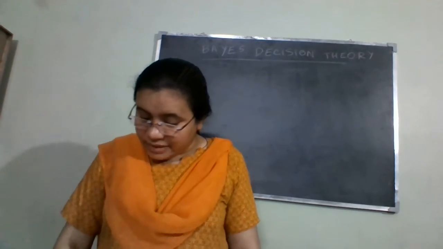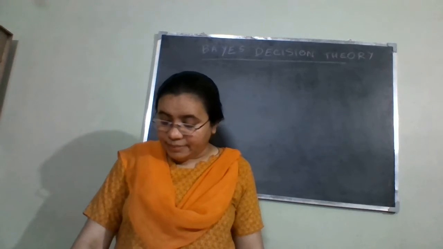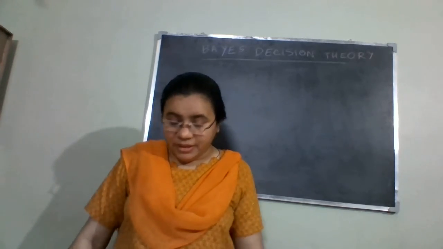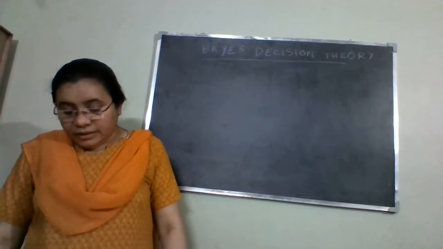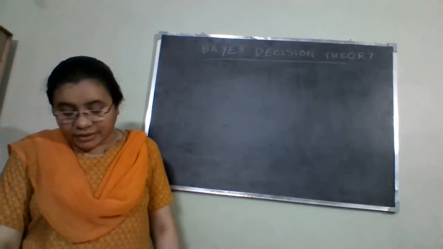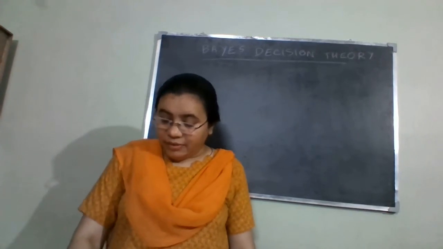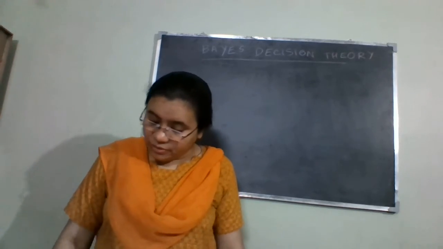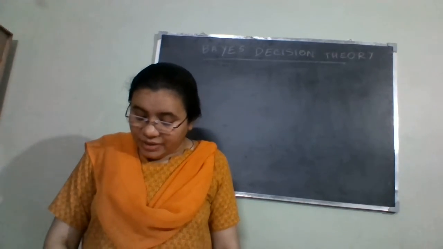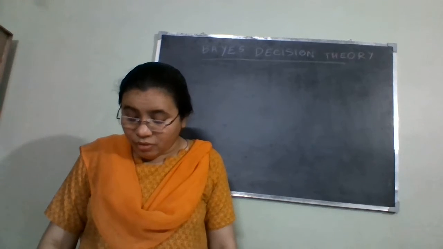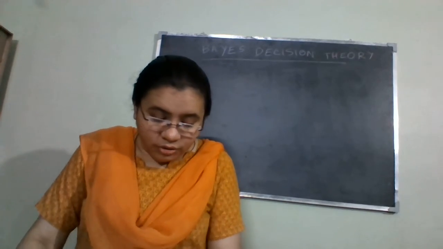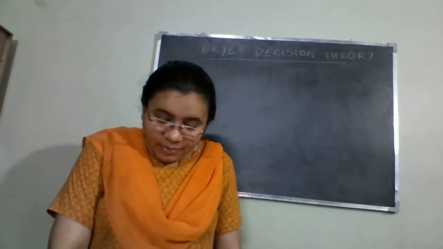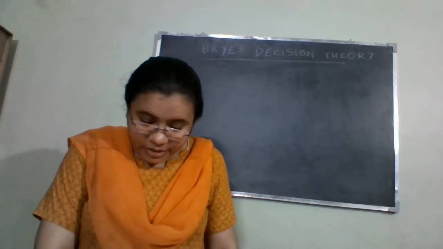And both the factors lambda 21 minus lambda 11 and lambda 12 minus lambda 22 are positive. Please underline this line. Both these factors are positive terms. Thus, in practice, our decision is generally determined by the more likely state of nature, although we must scale the posterior probabilities by the loss differences.